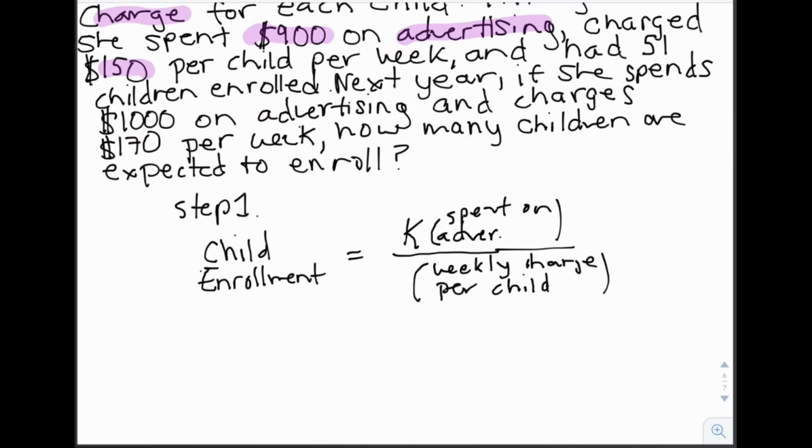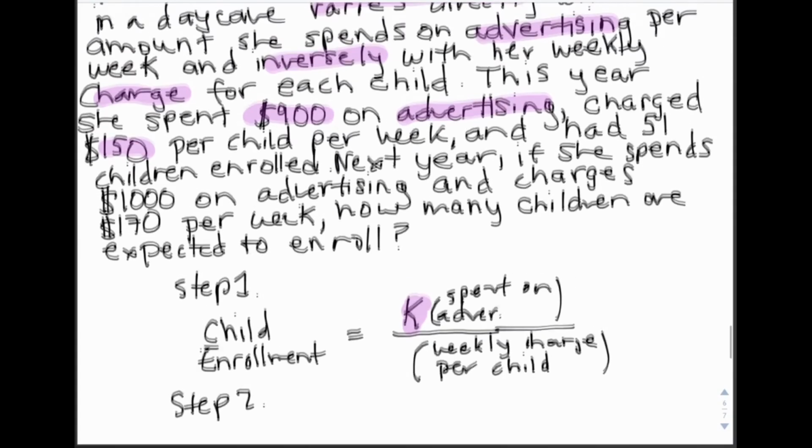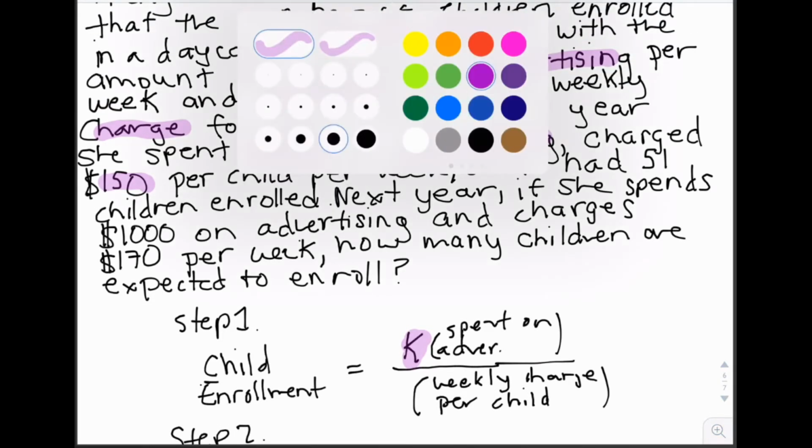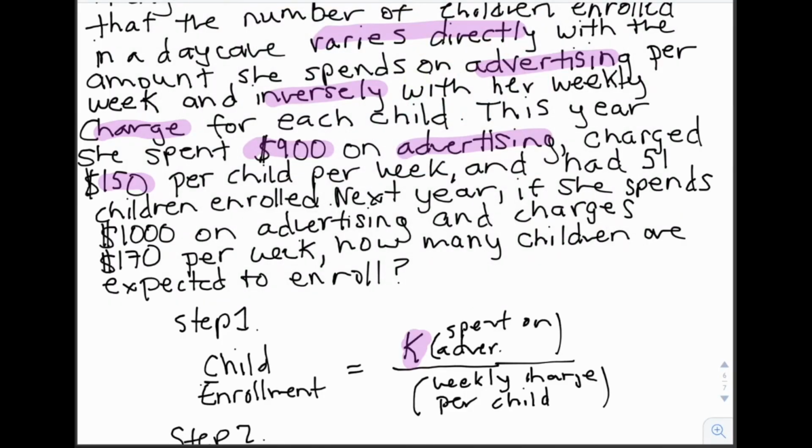Now let's go ahead and move on to step number 2, which says to substitute our given values to find our k. So we want to try to find this k given our first set of information. What did it tell us? I'm going to change to a different color here. So first pieces of information, 900 on advertising, 150 per child, and then finally 51 children.